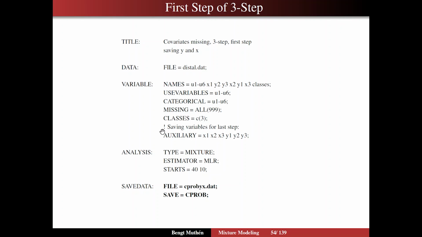And what we want to do now is to save variables for the last step. Then this is the new feature, that we have X1, X2, X3 here in addition to the distal outcomes. Otherwise, this is the same as it was for distal. Apart from the fact that now we save a data set called CPROBYX to differentiate it from CPROBY that we had before. But since we're dealing with 3-step, we're saving CPROBs.